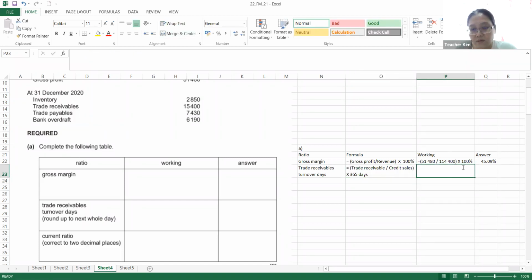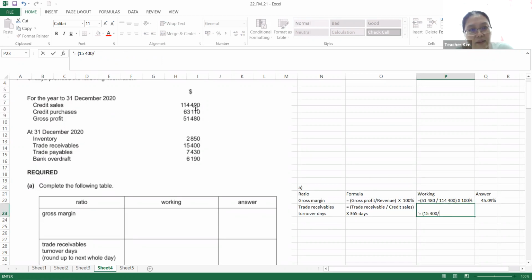Okay, the working: the trade receivable here is 15400 and then divided by credit sales 114,400, times 365 days.